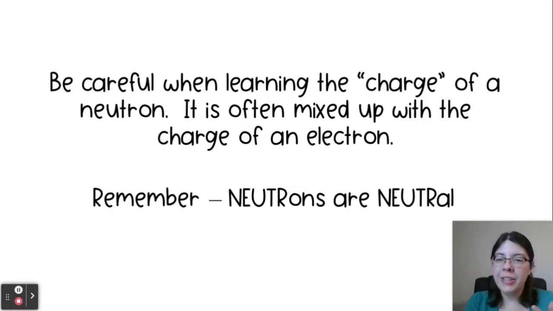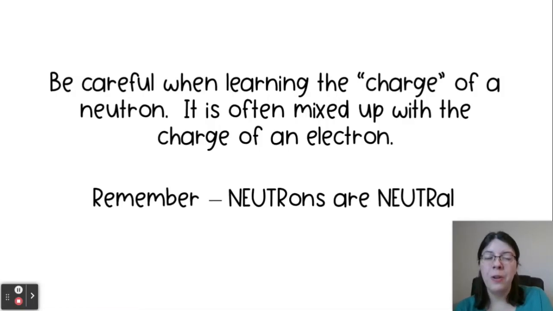So if you're ever taking a quiz or a test and you're not quite sure, always remember to think about which one has the most letters in common with the neutron. Neutral has 5 letters that are the same as neutron, versus negative, which just has 2. So electrons are negative, protons are positive, neutrons are neutral.